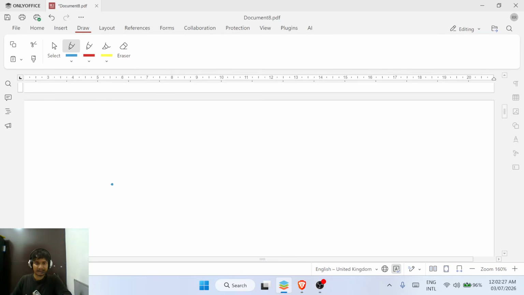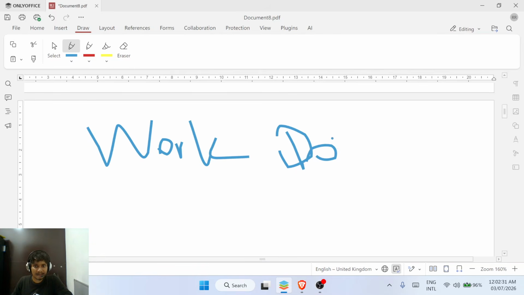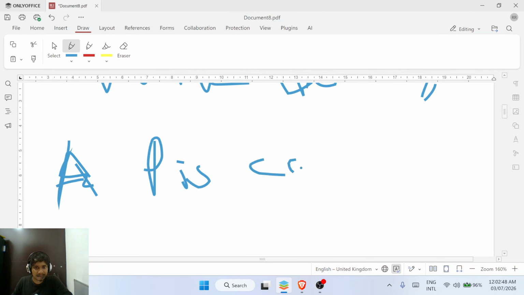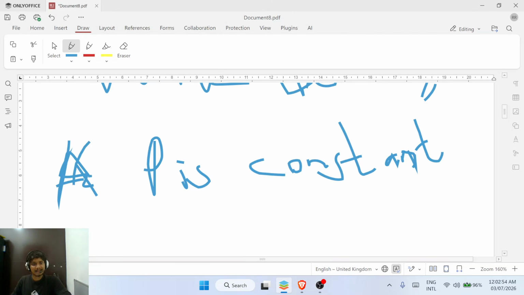Now we have to find the work done. The final question: how to find the work done? What is the equation? Here we have to use a special equation. They already mentioned that P is constant.